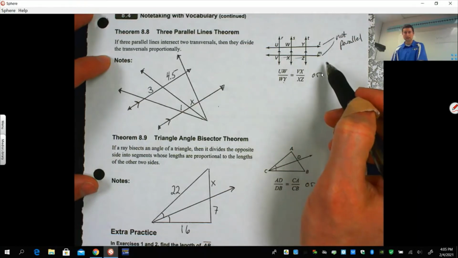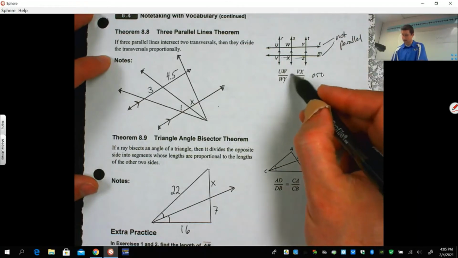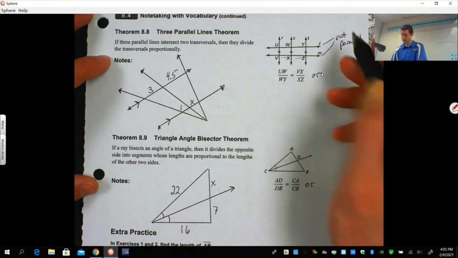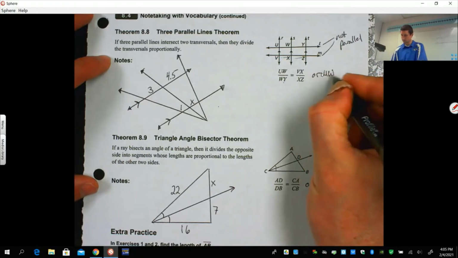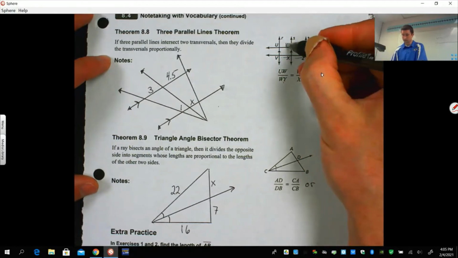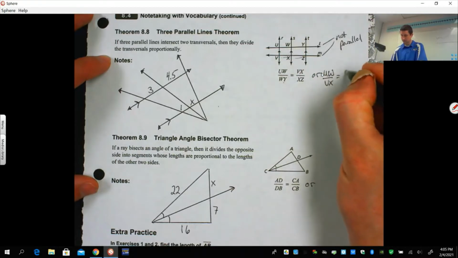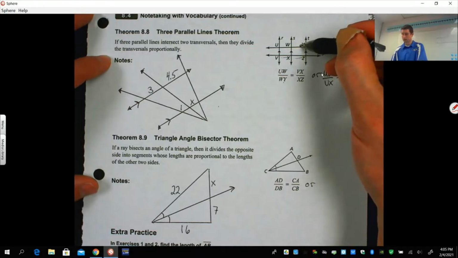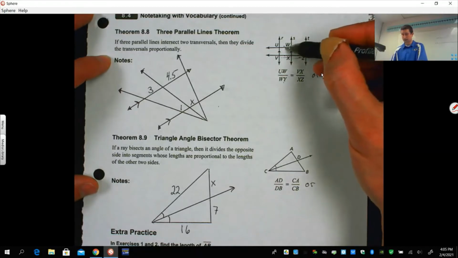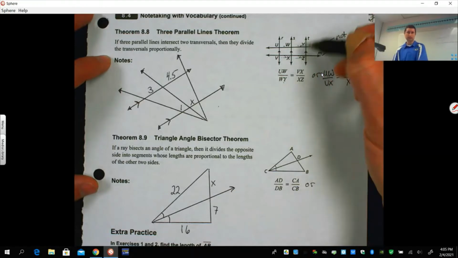Again, we can set it up a different way by changing out on the diagonal: UW over VX equals WY over XZ. So you can go this over this equals that over that, or this over that equals this over that.